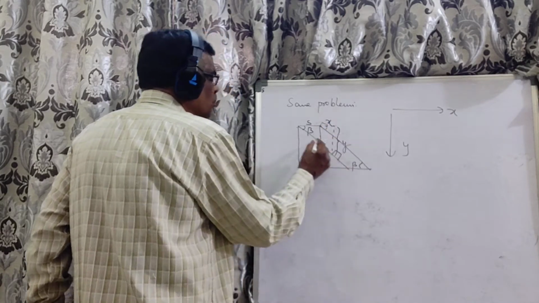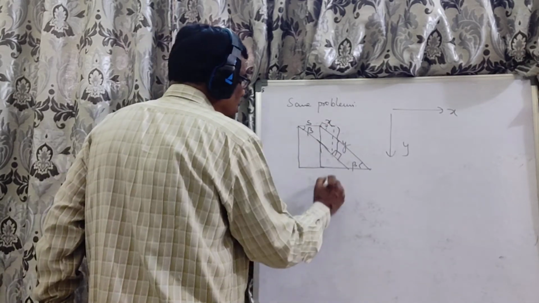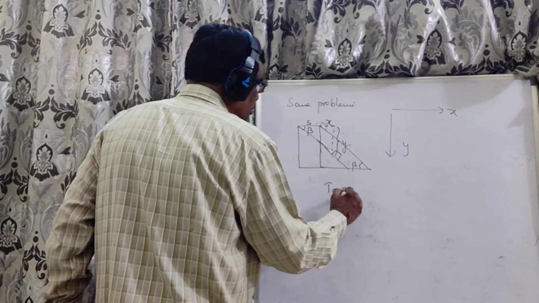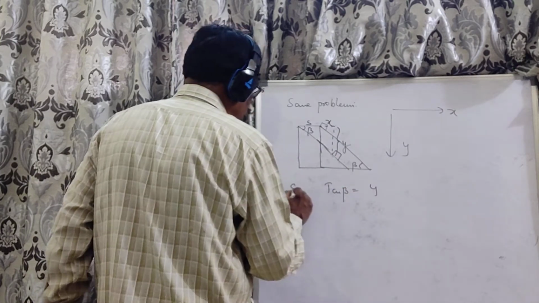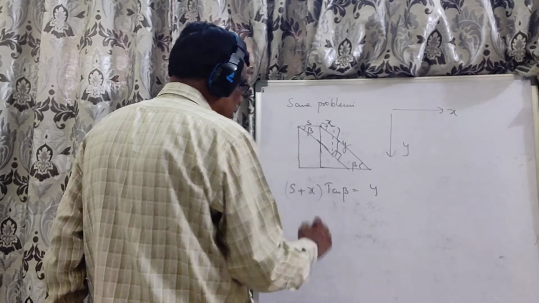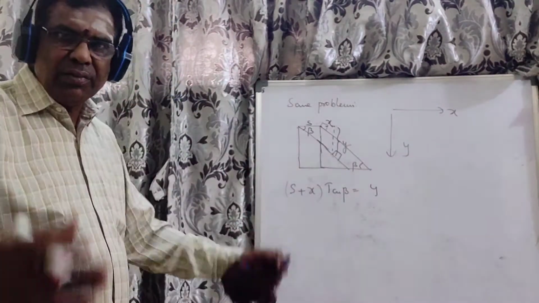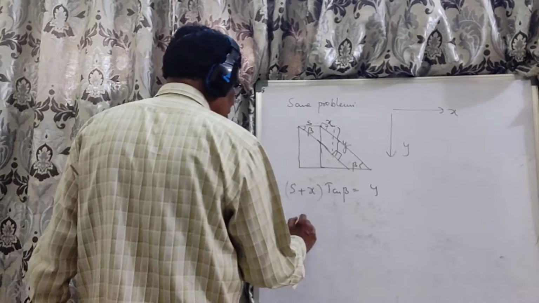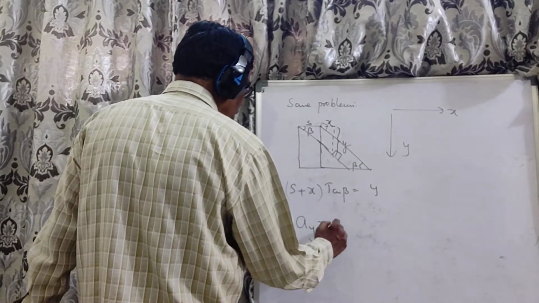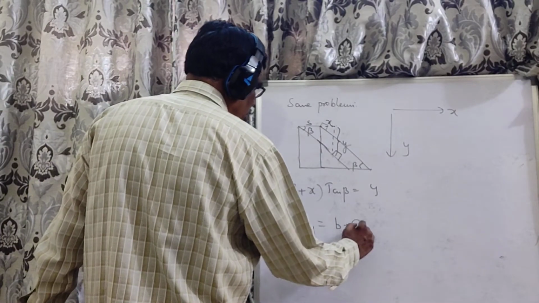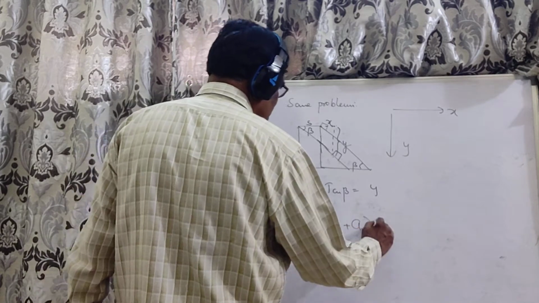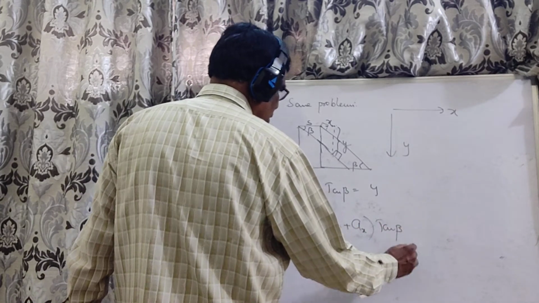So tan beta is Y by S plus X. Differentiate, you will get velocity. Further differentiate, you will get acceleration. So Ay is equal to B plus Ax tan beta.